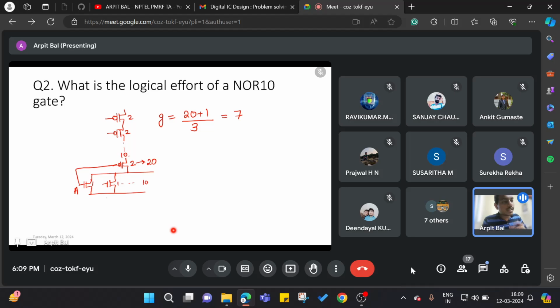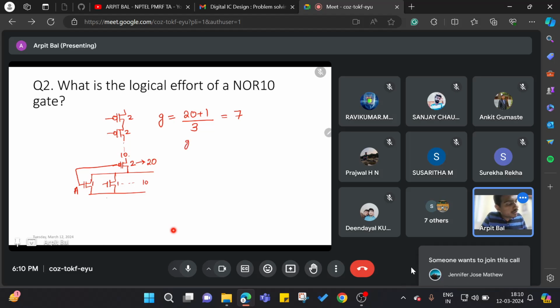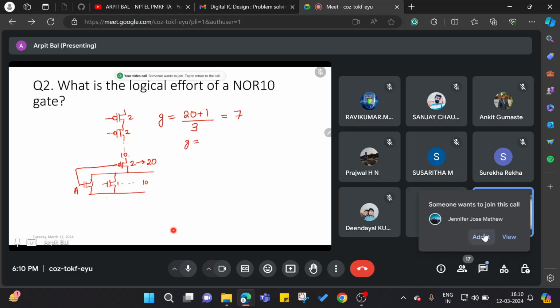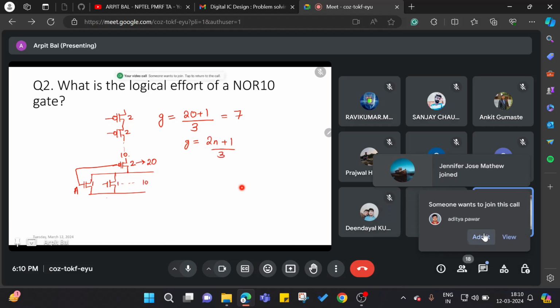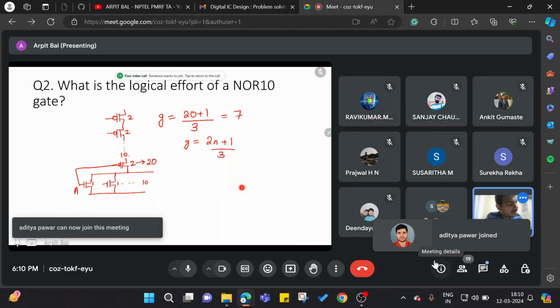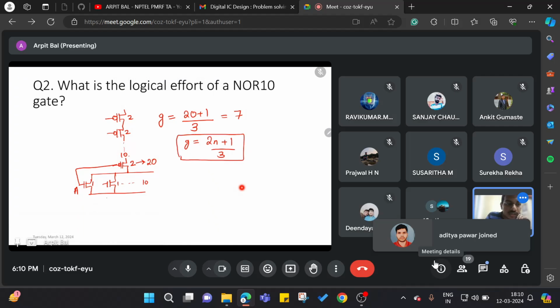Okay, so just like for the NAND case, for an n input NAND you can find out the logical effort by using n plus 2 by 3. Similarly, for the NOR case, you can figure out the logical effort by this formula: G equals 2n plus 1 by 3, where n represents the number of inputs.